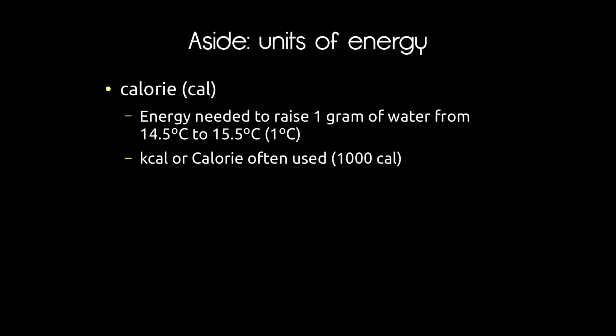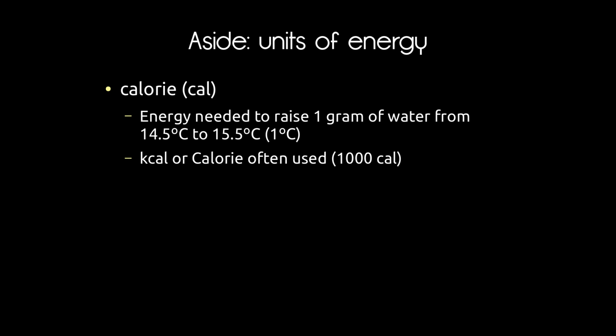Okay, let's just pause for a moment and talk about a couple of energy units that are going to be useful before we proceed. First off is a calorie, which is an imperial unit, or essentially an Old English unit. A calorie is the energy required to raise 1 gram of water from 14.5 C to 15.5 C, or really 1 degree Celsius.